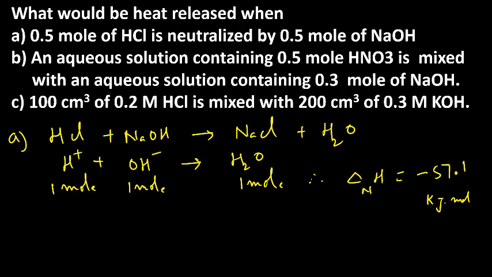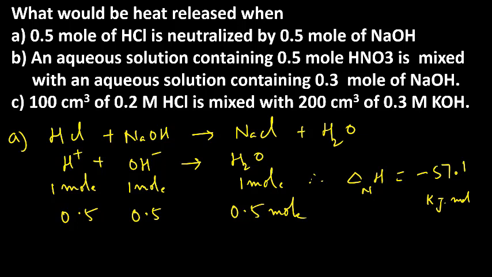But here in the problem, how much is given? 0.5 mole. So here 0.5 mole of H+ combines with 0.5 mole of OH-, so we get 0.5 mole of water.